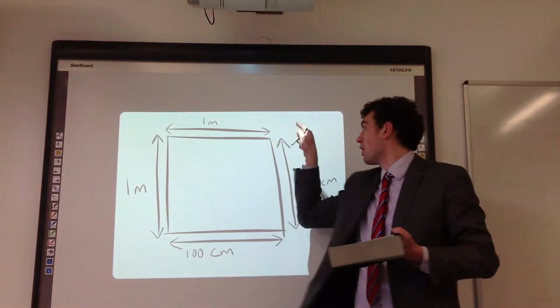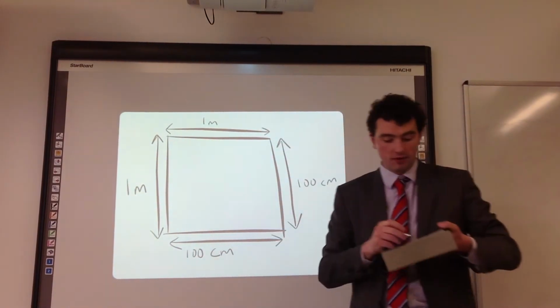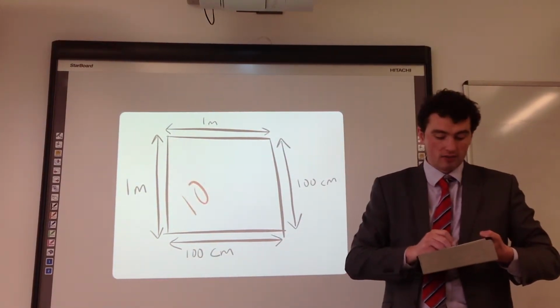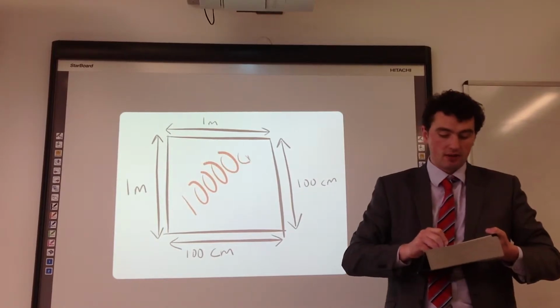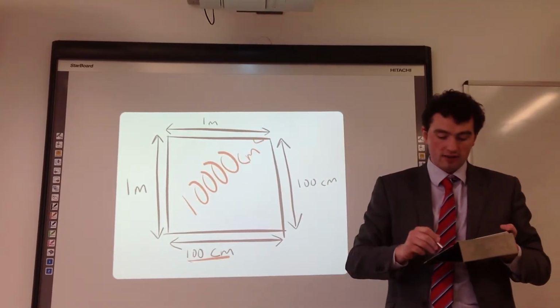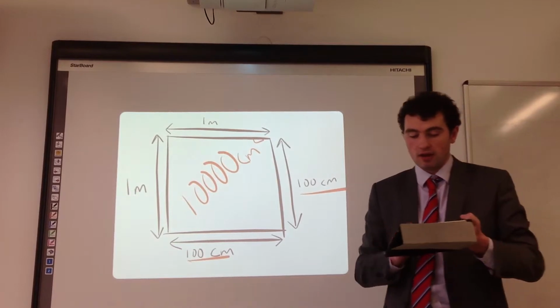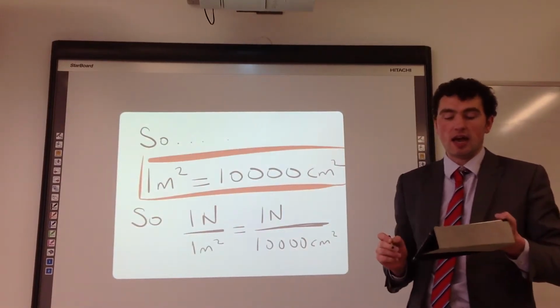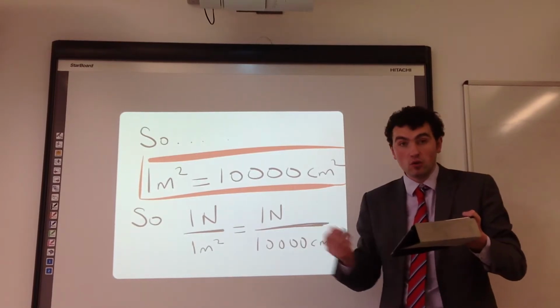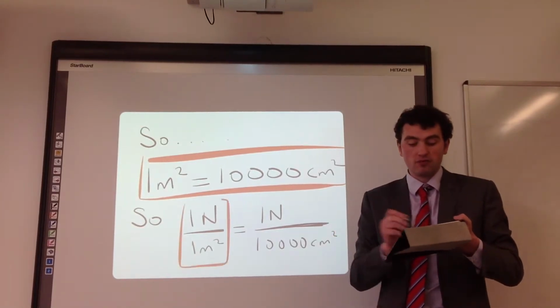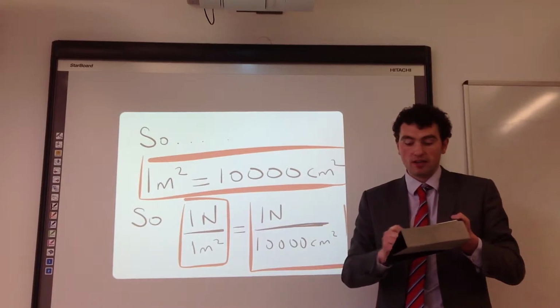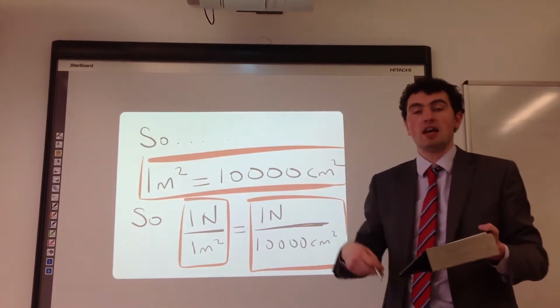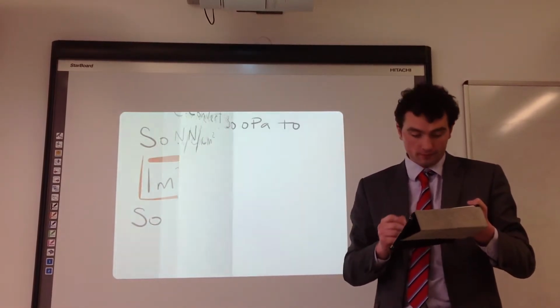It's 100 centimeters by 100 centimeters, so the area is 10,000 centimeters squared. That means 1 meter squared is equal to 10,000 centimeters squared. So 1 newton per meter squared is really equal to 1 newton over the exact same area in centimeters squared, and that's 10,000 centimeters squared.